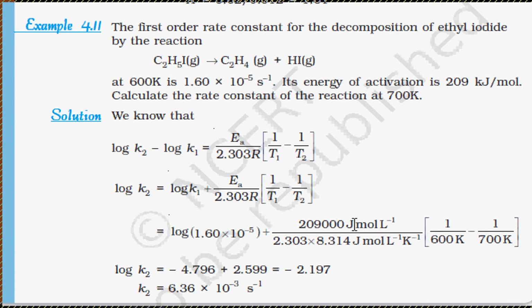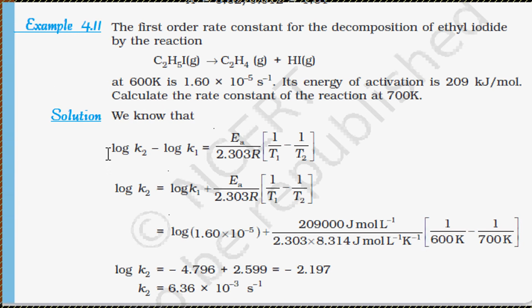We convert it into joule, and here we have to calculate K2, that is rate constant K2, and R is gas constant over here, which has a value of 8.314 joule per mole per Kelvin.